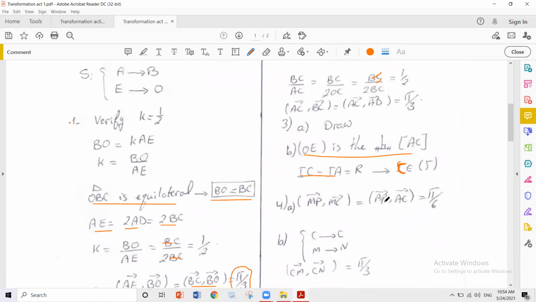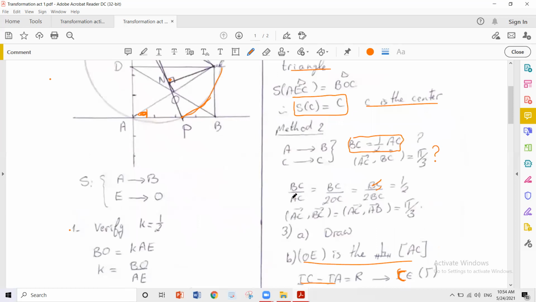So MPMC equals AP. Yes? You took this in grade 8. For example, if we have the angle ACB, this angle intercepts the arc AB.